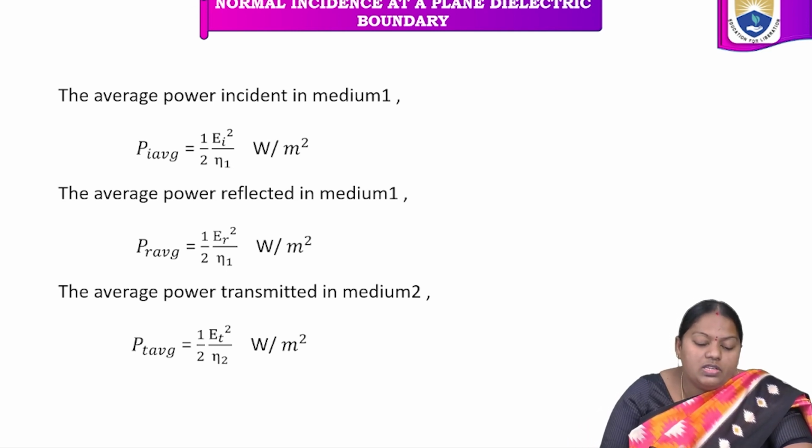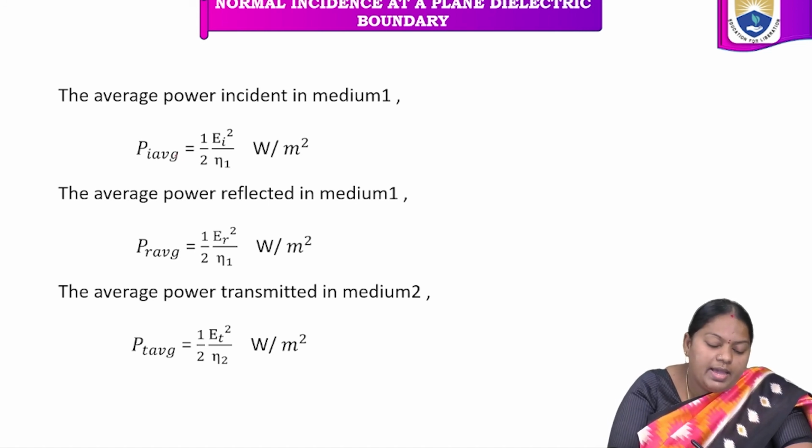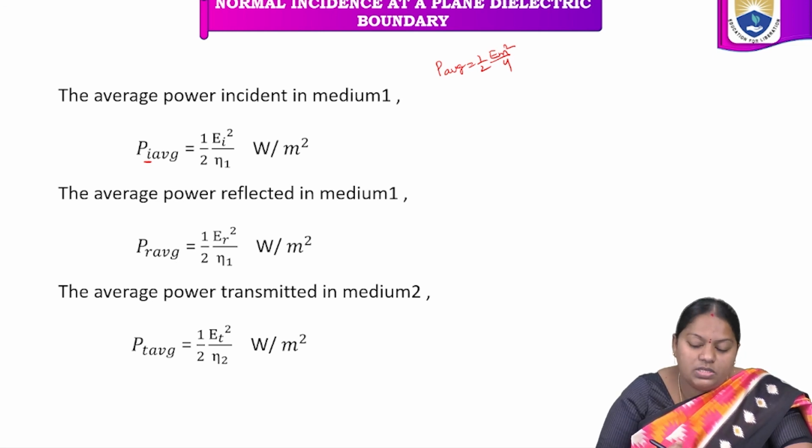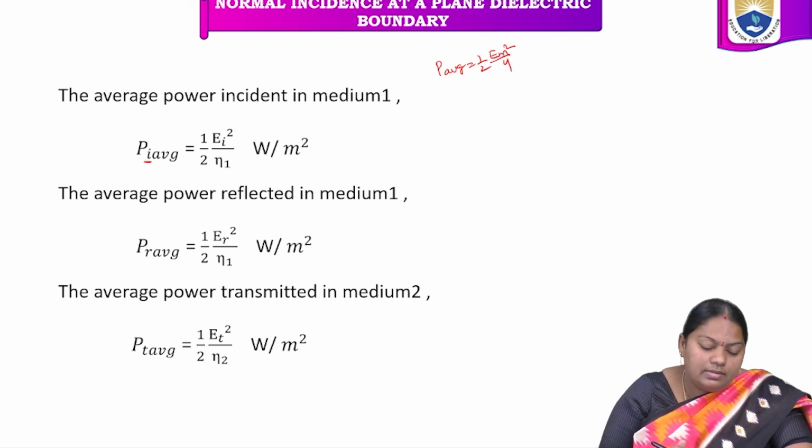Next, the average incident power in medium 1. To write the equation for incident wave power, Pi average, where I stands for incident wave and P average is the average power density, in general we have written P average is equal to 1 by 2 Em square by eta. Depending upon medium 1 and medium 2, we are going to write the incident wave, reflected wave and transmitted wave field strengths.